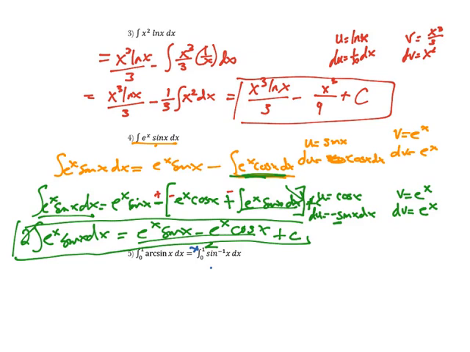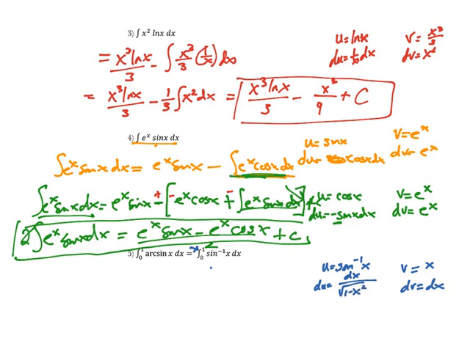Yeah, just for the heck of it. Okay? So, you'll notice that LIATE is logarithmic, inverse. Inverse is second. So that means u is inverse sine x, and dv will be dx, which means v is x, and du, so the derivative of inverse sine is the derivative of x over the square root of 1 minus x squared.